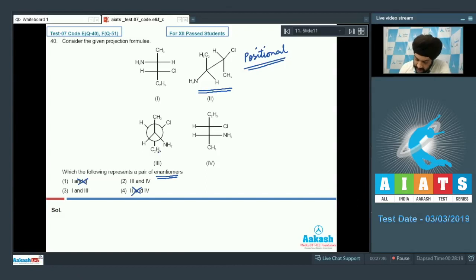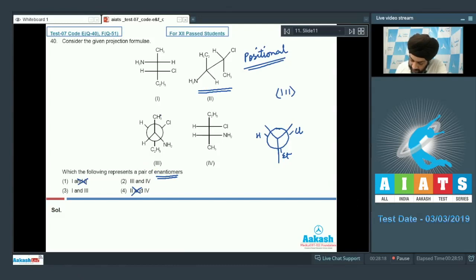To convert the third structure into the Fischer representation, we can first have an eclipsed form. So the third structure can be represented as follows. We have not disturbed the chiral carbon which is hidden. So we have Cl, Et and H at their respective positions where they are present in the original structure.